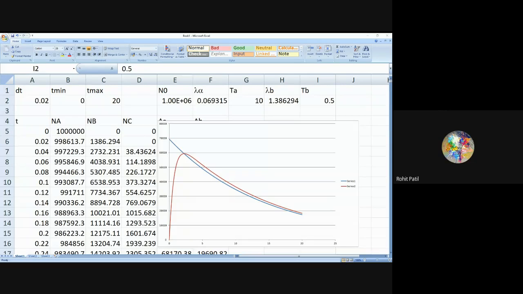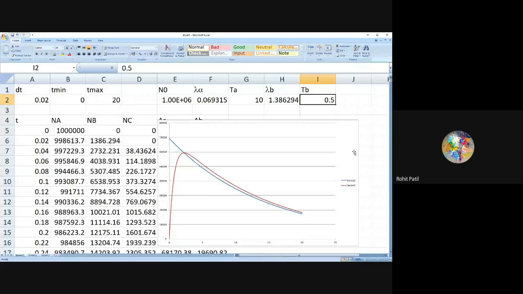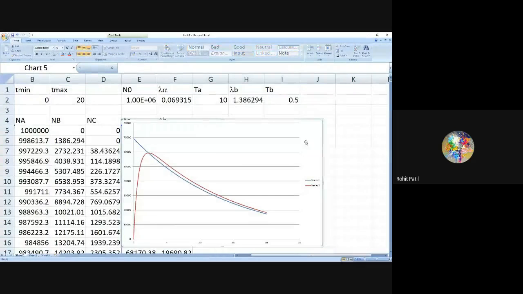Can you show me the formula for NC once, because I'm encountering some problem.